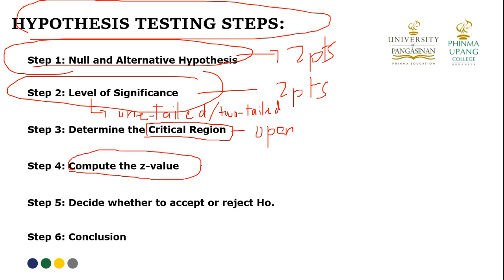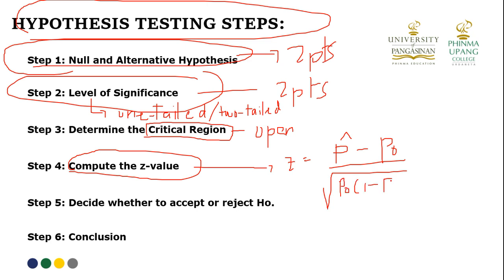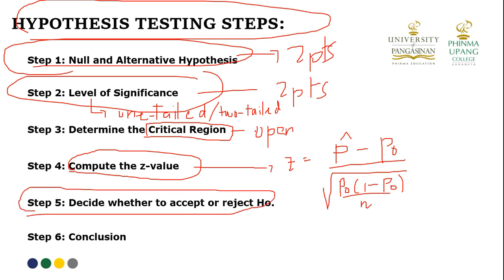In computing the Z value, again, the formula is Z is equal to P hat minus P subnote, all over the square root of P subnote times the quantity of 1 minus P subnote, all over N, and that is our formula. And here, 2 points, 2 points, 2 points, 2 points hanggang sa step 5. So, we're going i-exclude na natin si conclusion para saktong 10 points.